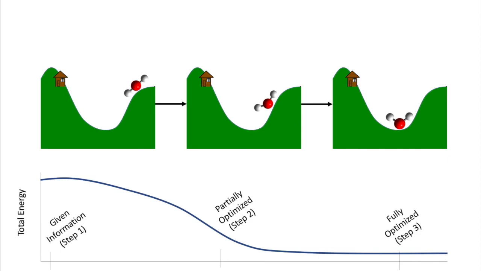So let's say you wanted to figure out the structure, all the angles and bond distances and whatnot of water, but you don't really know much about water to begin with. So you give it water looking like this, just a linear molecule, perfectly flat with hydrogen on both ends.